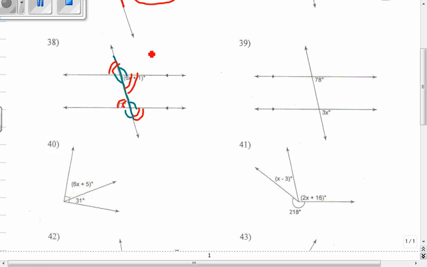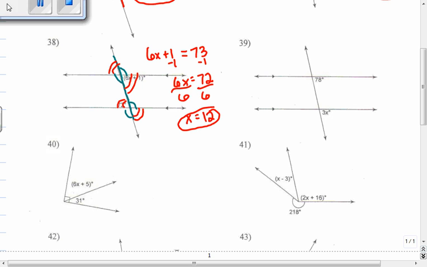The same marks. So we have 6x plus 1 equals how much? 73. So if we subtract 1, we have 6x equals 72. So x equals 12.